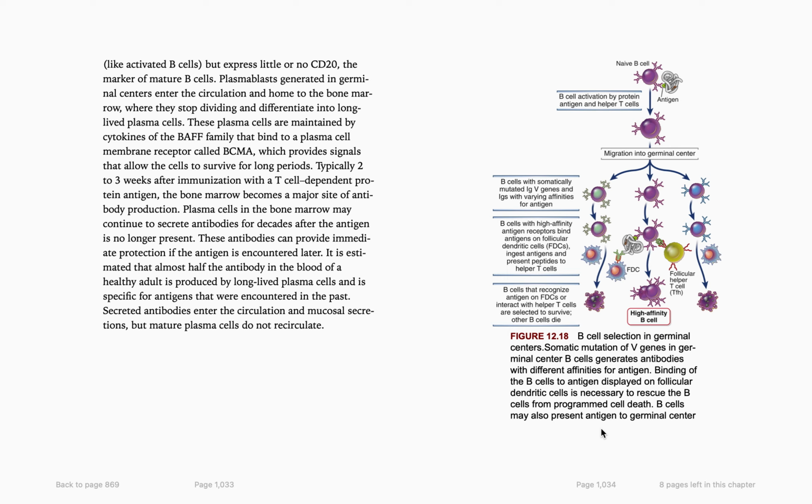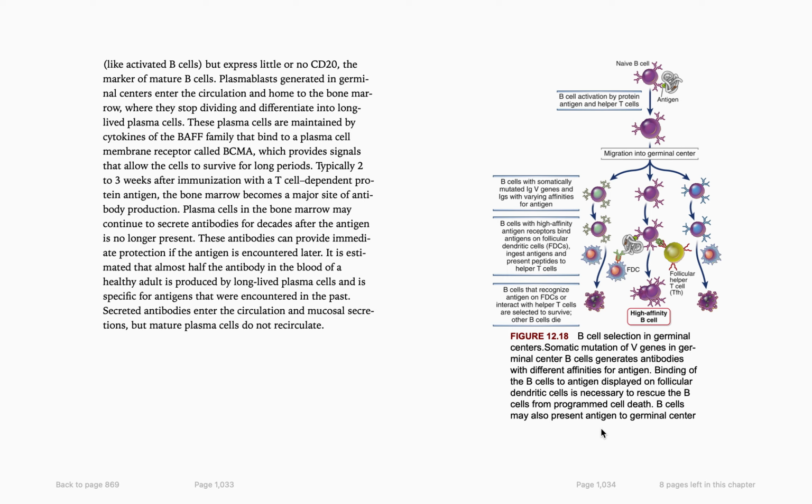These plasma cells are maintained by cytokines of the BAFF family that bind to the plasma cell membrane receptor called BCMA, which provides a signal that allows cells to survive for long periods. Typically, 2 to 3 weeks after immunization with a T cell-dependent protein antigen, the bone marrow becomes the major site of antibody production.